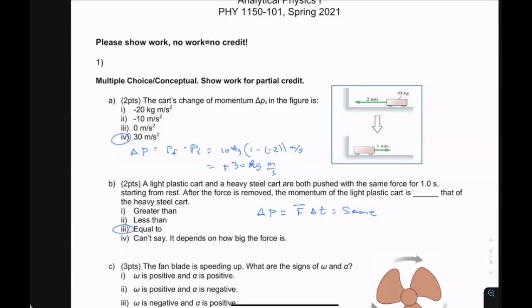Initially, the cart is moving to the left, which means its velocity is minus 2 meters per second. So its momentum at that time, P initial, is equal to its mass, which is 10 kilograms, times its velocity, which is minus 2 meters per second.